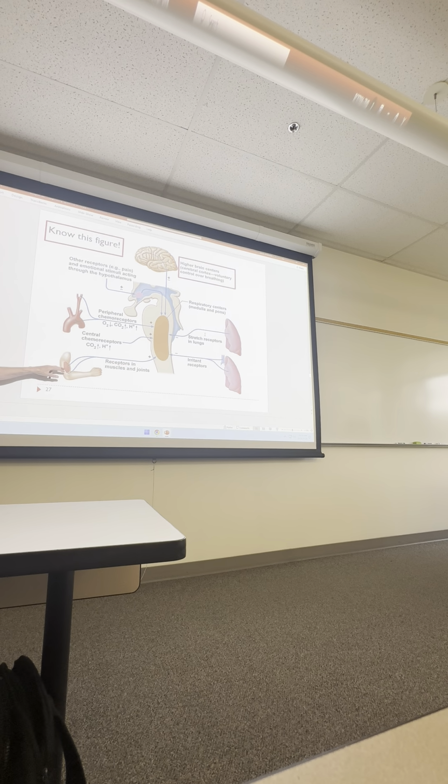But here's the most amazing part of this: you don't even have to get there before these signals are telling your medulla and pons that you are going to need to increase your respiratory rate. So this actually prefaces what's happening in the medulla and the pons. It gives that a little warning, like a little, guess what? You're going to need to increase your respiratory rate.